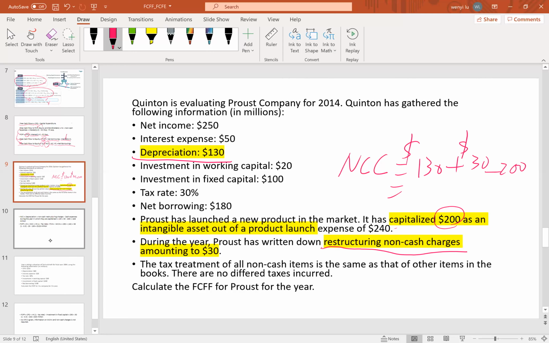And so our non-cash charge will be 160 minus 200, equal to minus $40 million.